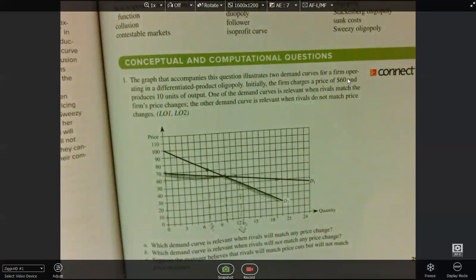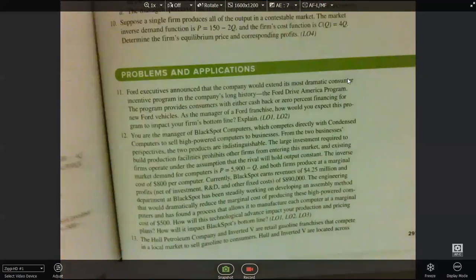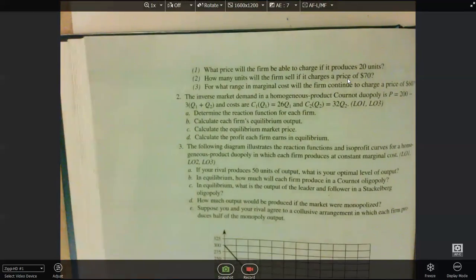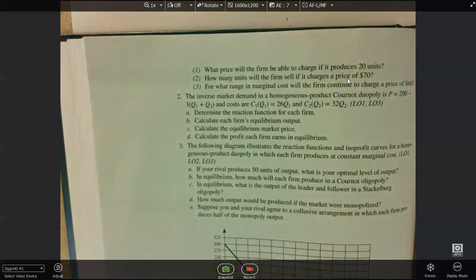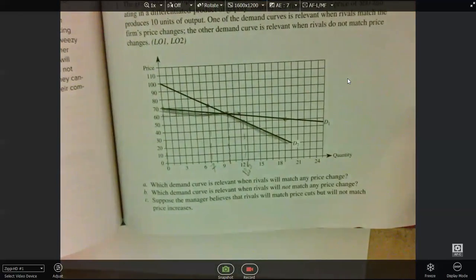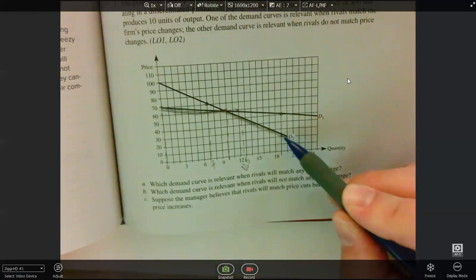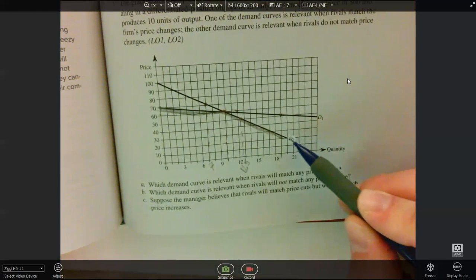So part C: suppose a manager believes that rivals will match price cuts but not match price increases. There's more of this. Number 1, what price will the firm be able to charge if it produces 20 units? Producing 20 units means we're on demand curve 2, all the way over here.